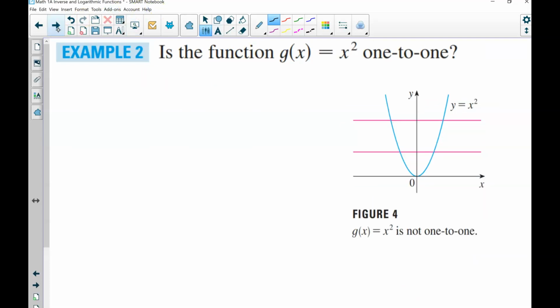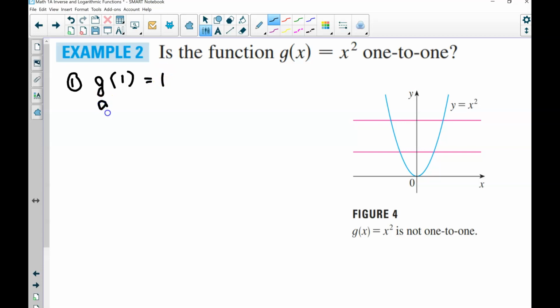Now, let's take a look at the next example, where the function g of x is equal to x squared, and we want to know if this is one-to-one. Now, again, if we take a look at the first step, it's not a one-to-one function, because if you take the input, g of 1, so the input is 1, correct?